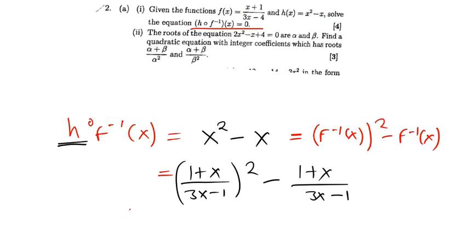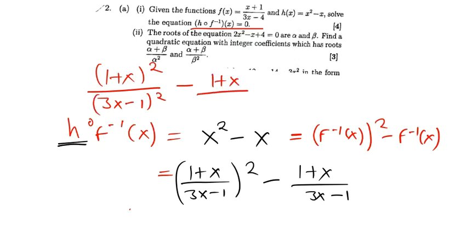So let's try to simplify what we have. We're going to end up with 1 plus x, I'm feeling lazy to expand, 1 plus x squared over 3x minus 1 squared as well, and then we're subtracting 1 plus x over 3x minus 1.